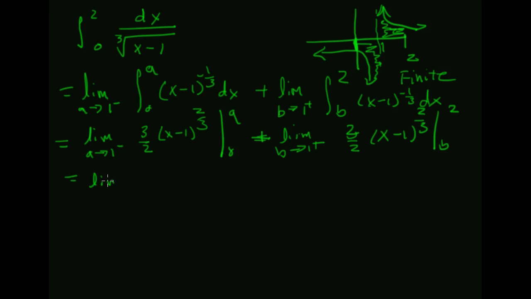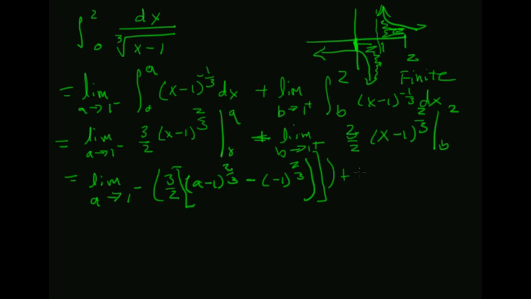Okay, so this is the limit as a approaches 1 from the negative side of 3/2, and I'm going to get a minus 1 to the 2/3 here, minus negative 1 to the 2/3, because 0 minus 1 is negative 1.